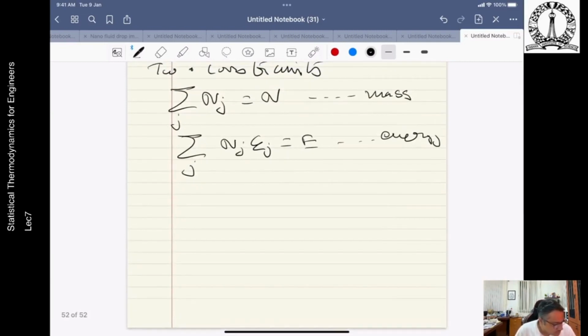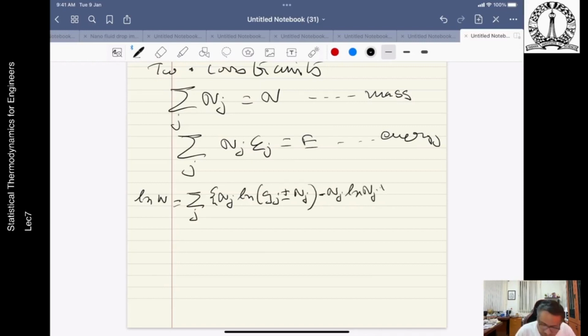Okay. So now if we write once again, ln W is summation over j of nj ln gj plus minus nj minus nj ln nj plus minus gj ln (gj plus minus nj) minus plus gj ln gj.